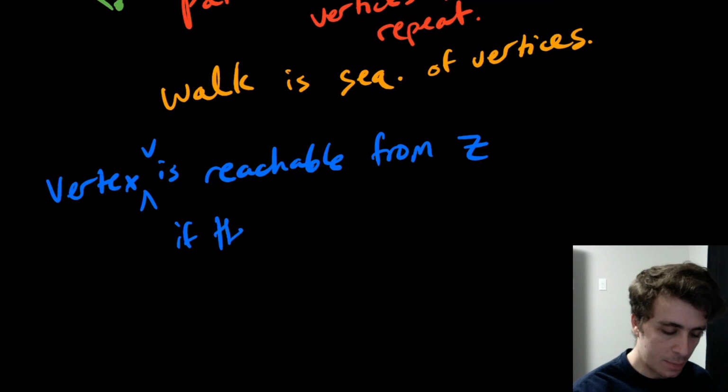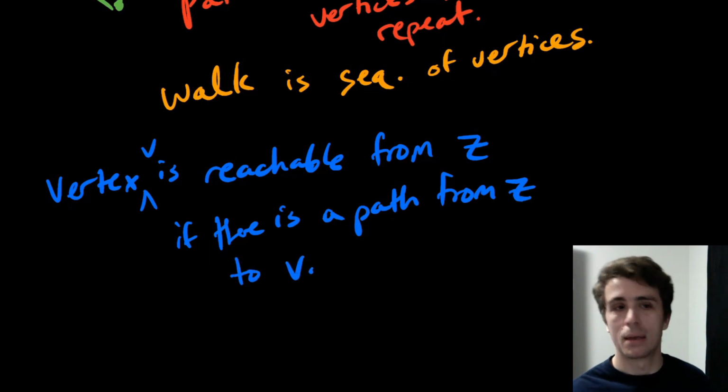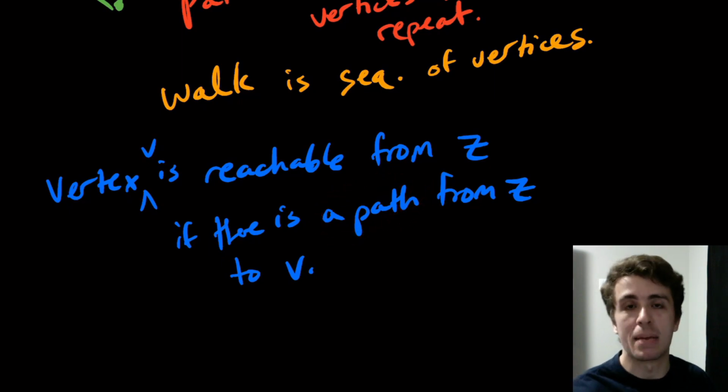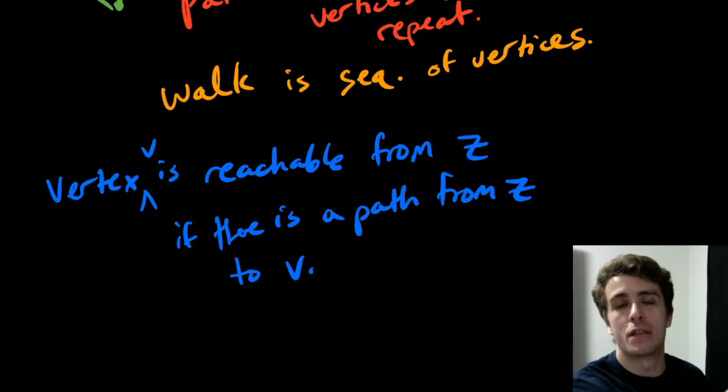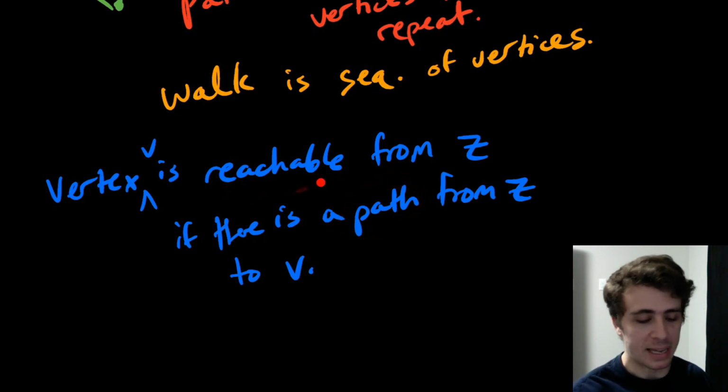If there is a path from Z to V. In the directed case, we would use something called a directed path, meaning we have to follow the direction of the edges along the way. So it would be a directed path in that case, and it's also reachable in that case.